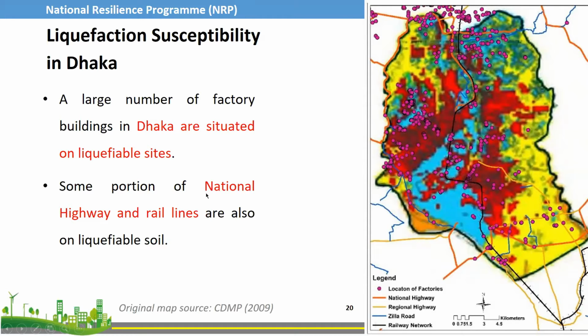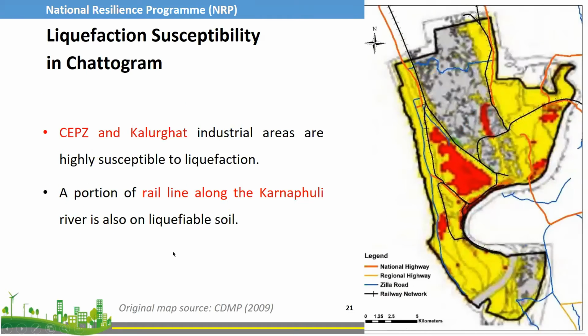And some proportion of our national highway and railway lines are also susceptible to liquefaction. In the Chattogram area, CEPZ and Kalurghat industrial area are susceptible areas, and the rail line along the Karnafuli river is also vulnerable.